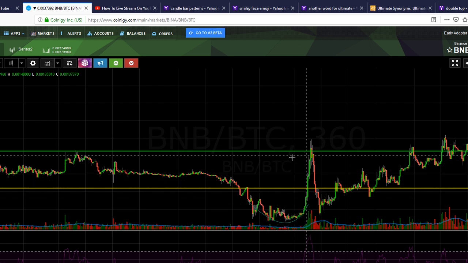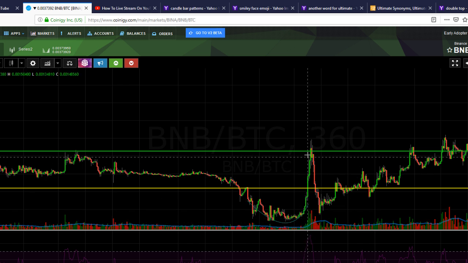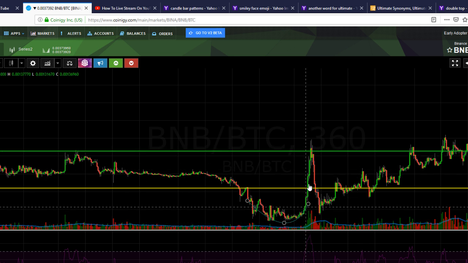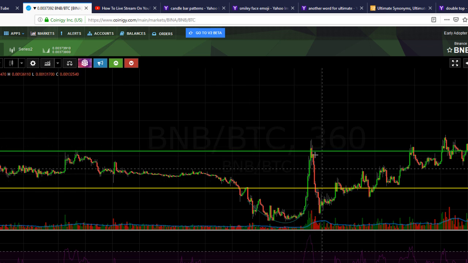Look, you see how my support and trend lines are so important to identify, because as soon as we traded down here, we picked up a lot of volume, and now we shot right back up to test where I put earlier on where this was resistance. So again, we're still trading up inside these two lines here.